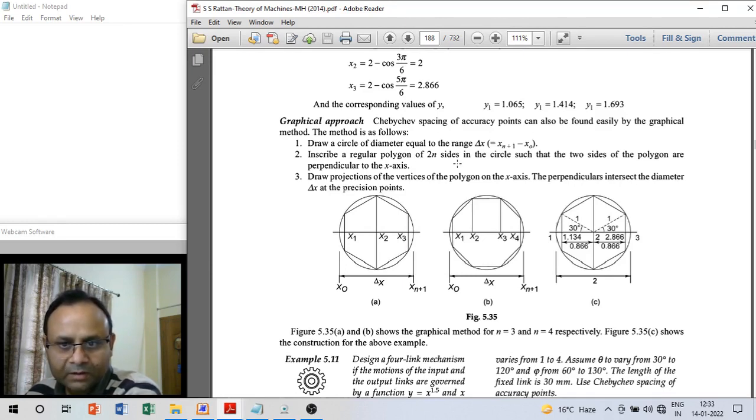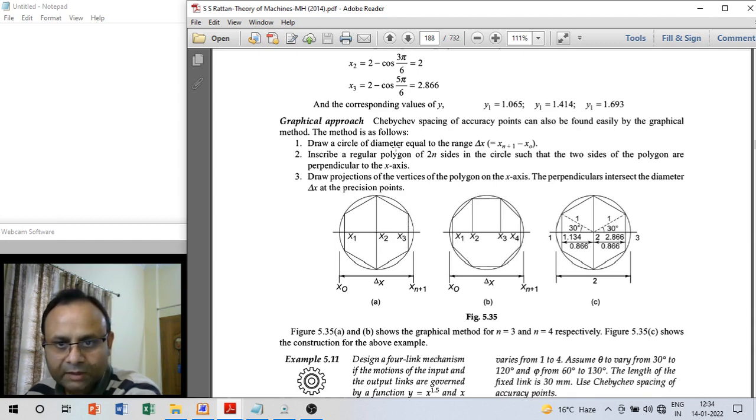Okay, so if you want to pick 3 accuracy points, then inside this circle you have to draw a hexagon, because 2n will be 6. You can see a hexagon has been drawn here, 1 2 3 4 5 6, regular hexagon. And then take projection of these vertices on the number line, and then these points will give you x1, x2 and x3.